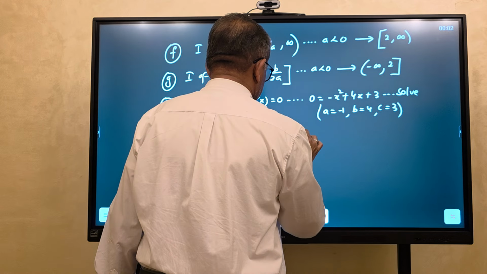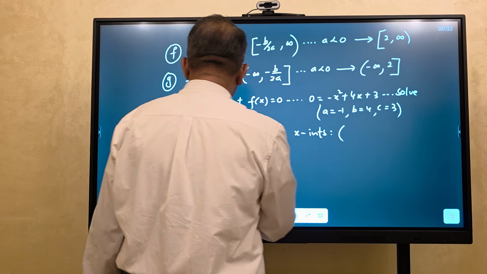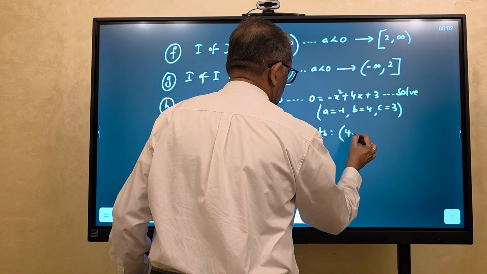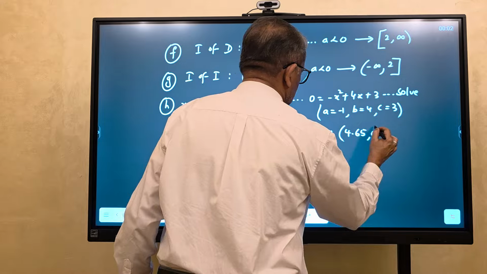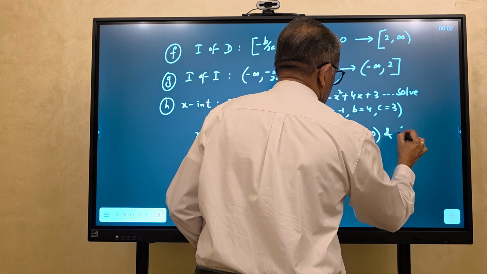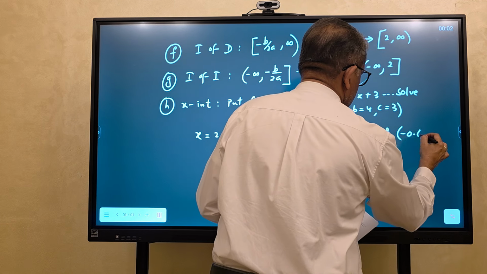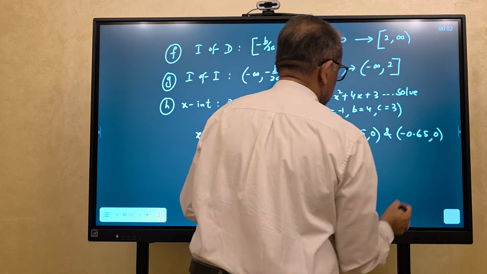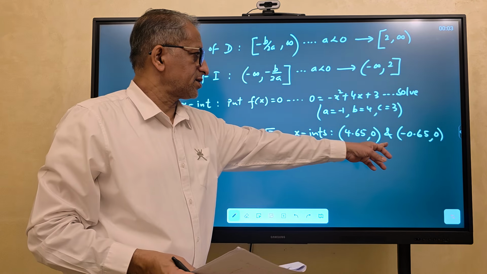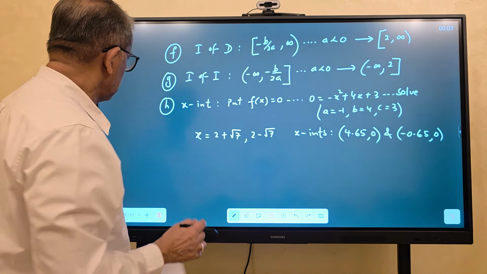The x-intercepts are 2 plus root 7, which is 4.650, and 2 minus root 7, which is minus 0.650. I write this in decimals, so it will be easy for me to sketch the graph.